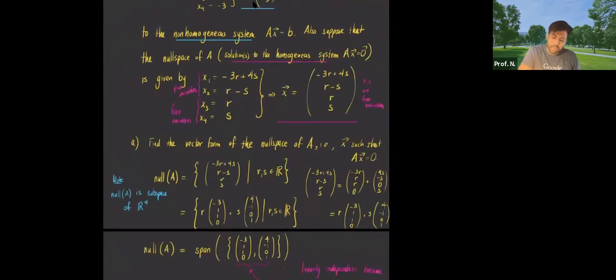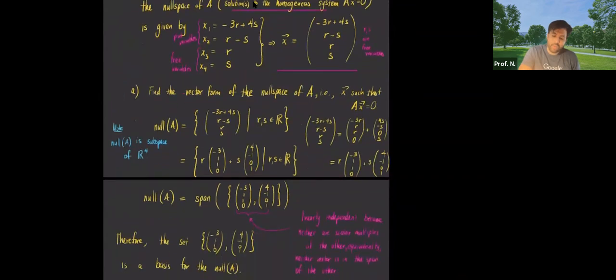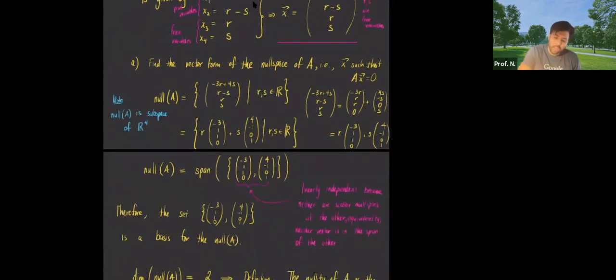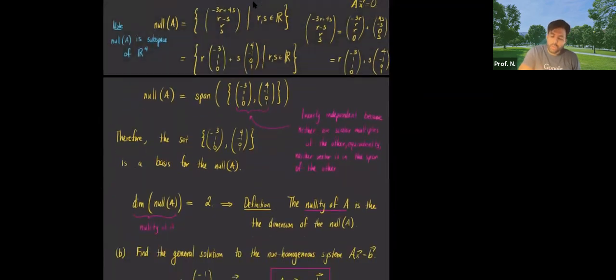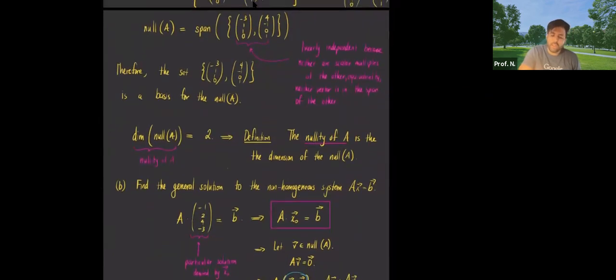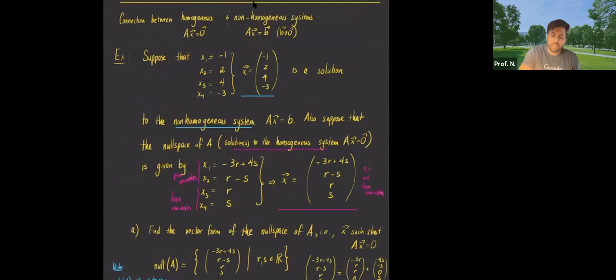Let's see if I get another one. Here, if the nullity of A is 2, what would be the rank of A here, even though I don't have what A is? Right, the rank would be 2.